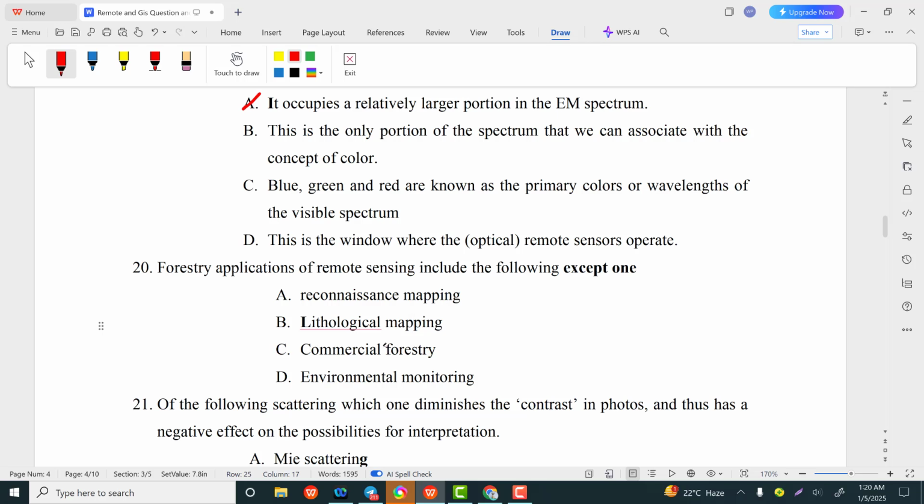Lithological mapping refers to the mapping of rock types and geological formations, which falls under geology rather than forestry. It is not typically a forestry application of remote sensing. So this is the answer. Commercial forestry is related to the application of forestry. Environmental monitoring is also incorporated within forestry application. So the answer is B.